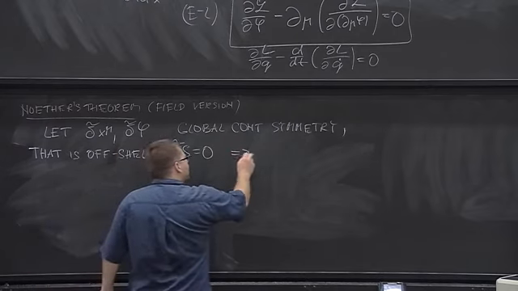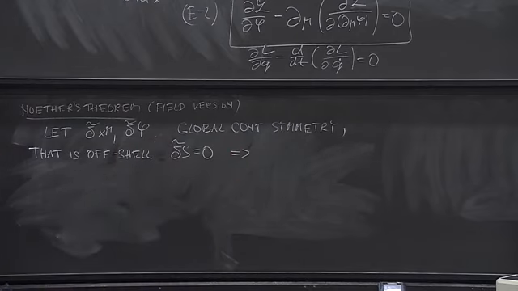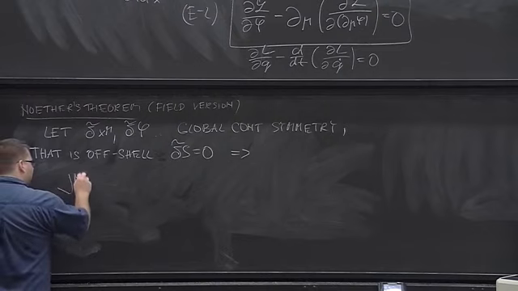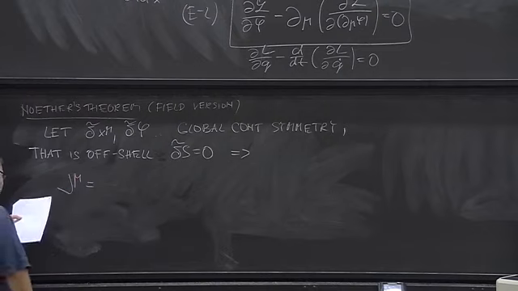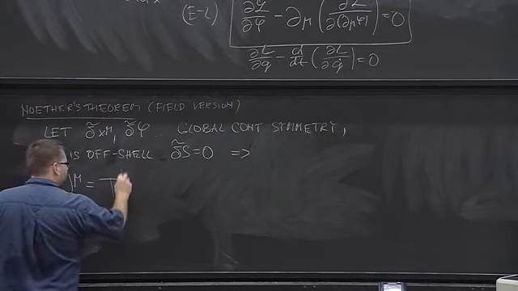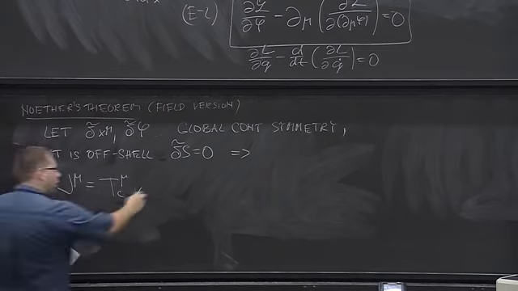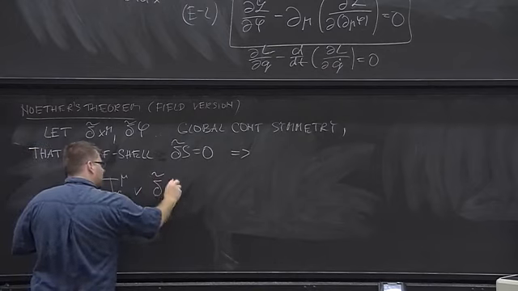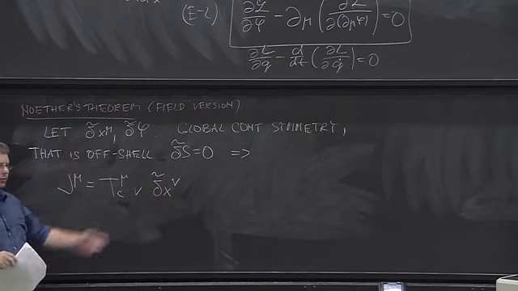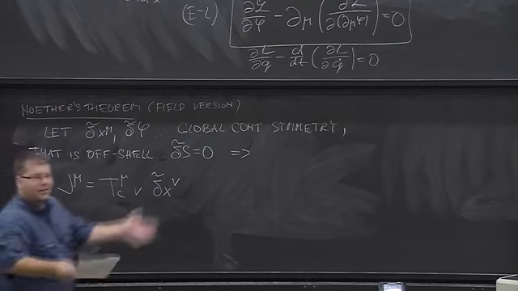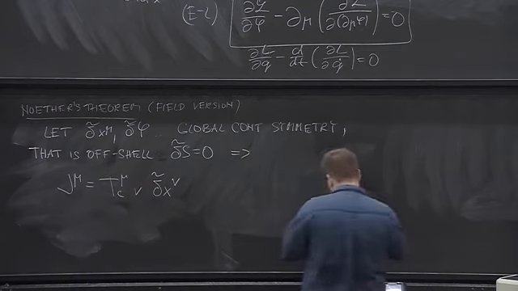Then the statement is that you can find a current which is conserved, and then if you have a current, you have also a conserved charge, right? So let me state what this current is. Then you can find J mu, which is given by T mu nu canonical delta tilde x nu. I will tell you what T mu nu canonical is, but it's the energy momentum tensor if you have heard about it.